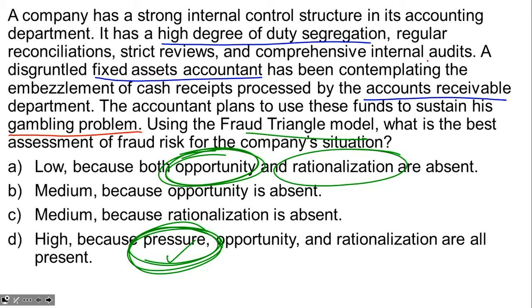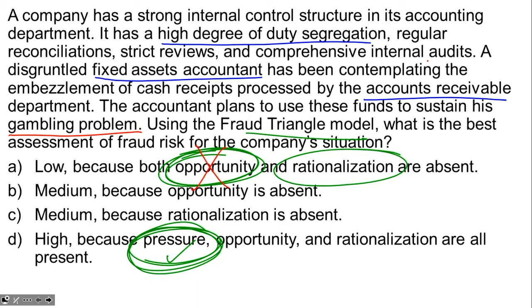Do they have the opportunity to commit this fraud? Not easily. Okay, there's a very strong internal control structure. It's going to make it very difficult for somebody to commit fraud, even if they have the desire, the pressure to, and they're able to rationalize it.